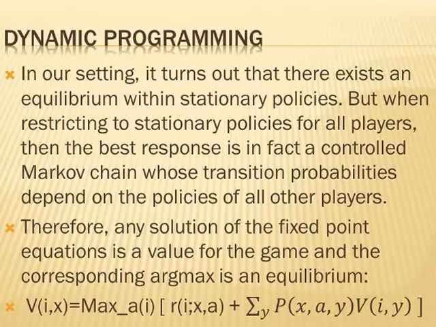Therefore, any solution of the fixed point equations is a value for the game, and the corresponding argmax is an equilibrium. So now, instead of having dynamic programming for one player, we have n dynamic programmings, where each one describes the best response.